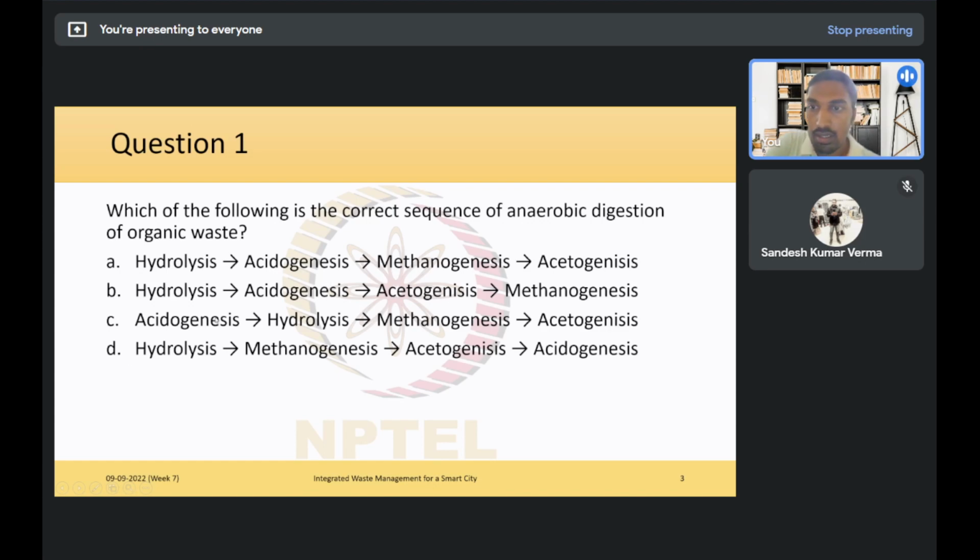The right order is actually option B. We start with the hydrolyzing bacteria, which first act on the organic waste, followed by acidogenesis, where the acidogenic bacteria produce some high molecular weight acids. The third step is acetogenesis, where the acetogenic bacteria produce acetic acid, which is a low molecular weight acid.